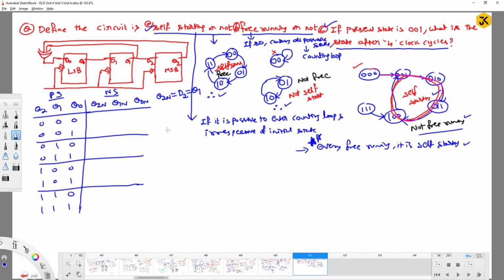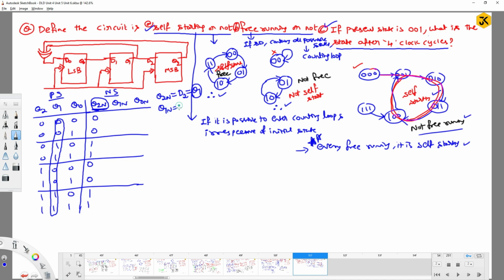So Q2n I can directly write as Q1. So I can simply write 00, 11, 00, 11. What about the Q1n?